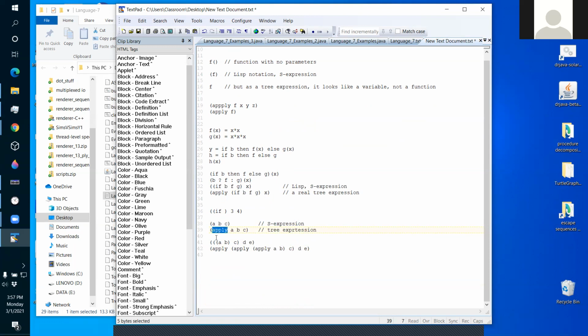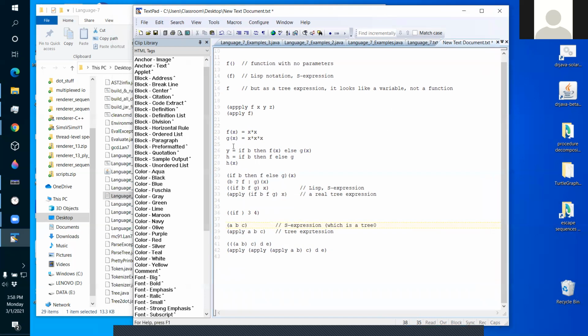Remember, in this case, that one is a tree. That particular S expression happens to be a tree, okay, where A is at the root. But we would write it, it's still read as apply A to parameters B and C.